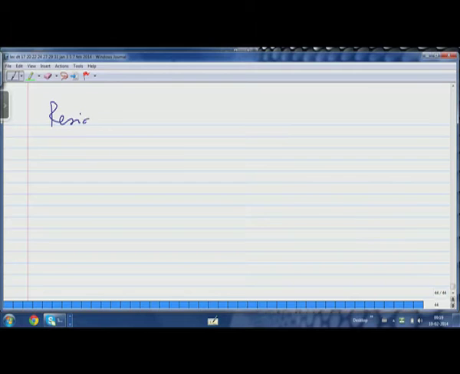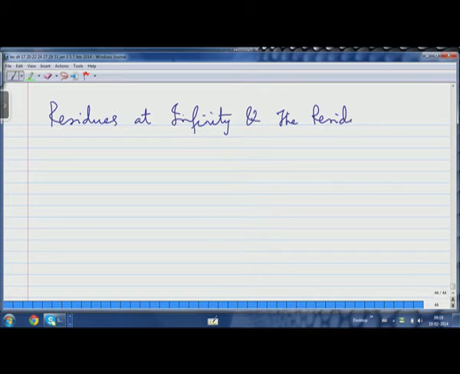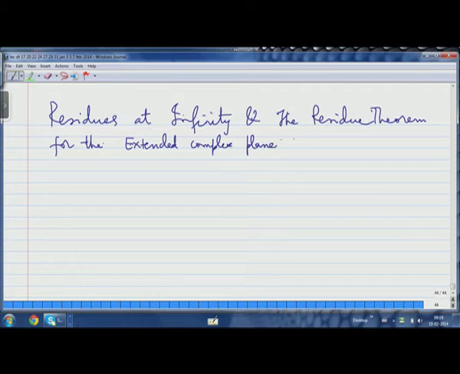Residue at infinity and the residue theorem for the extended complex plane. So this is what we are going to talk about.